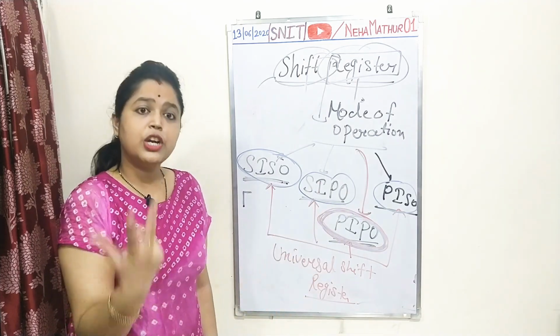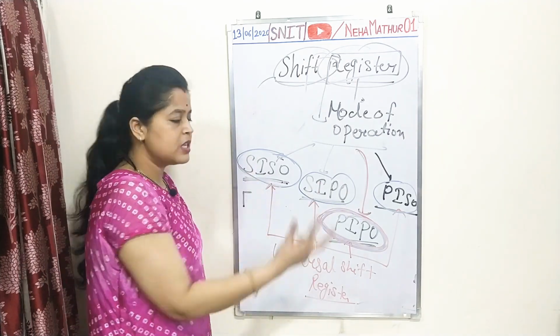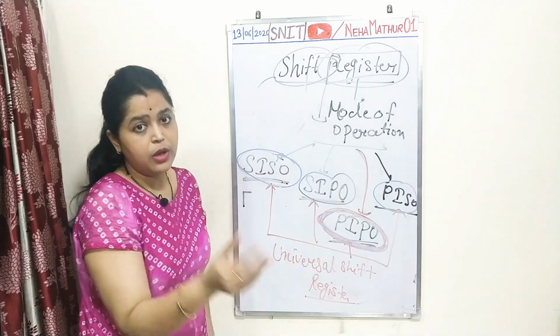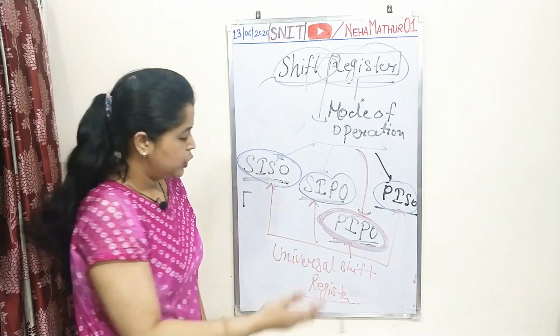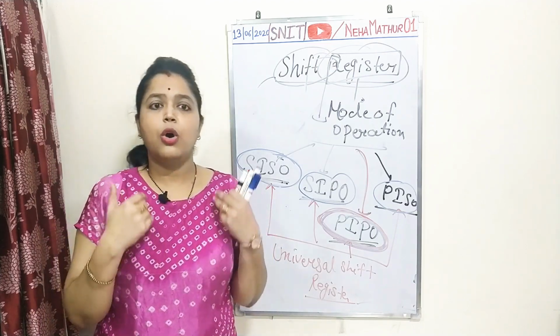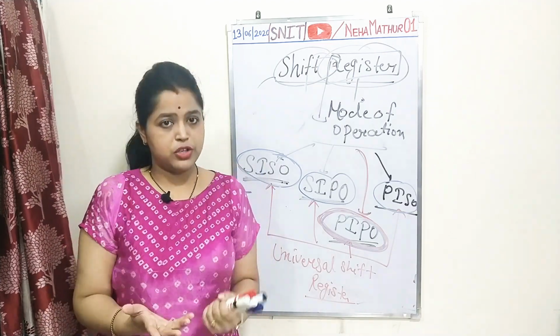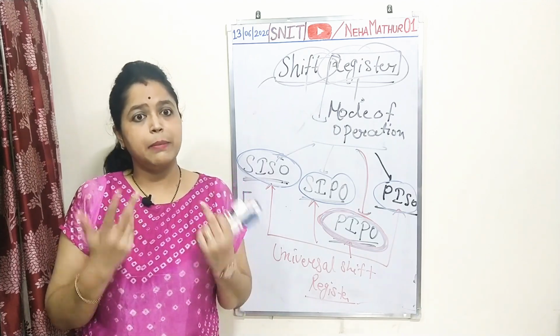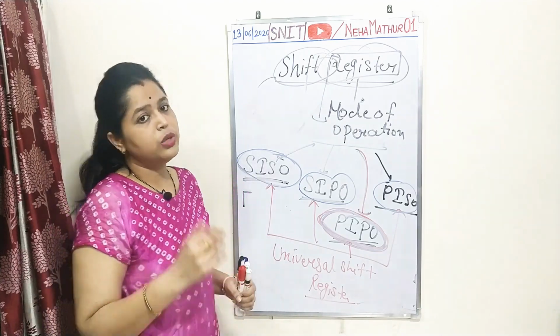So instead of buying SISO or SIPO or PIPO or PISO, generally the universal shift register is used, so that as per the demand of the project, you can use it as per your own convenience.